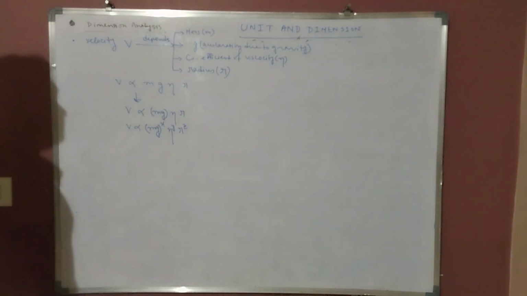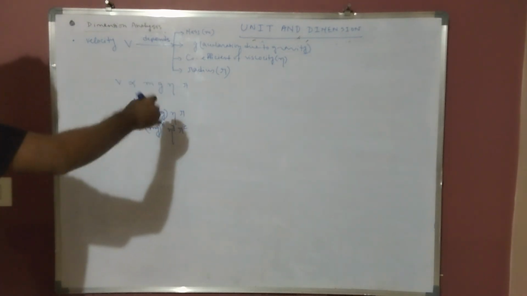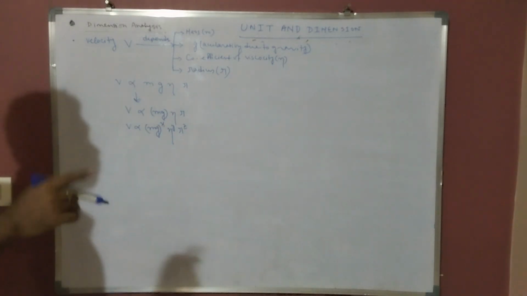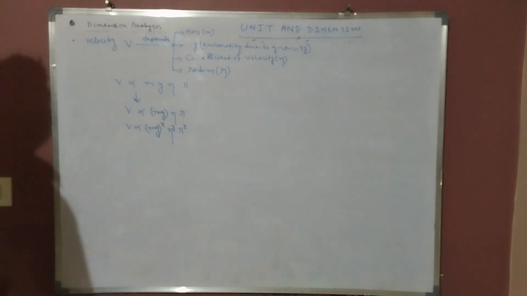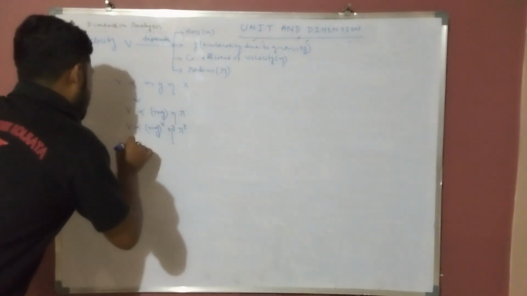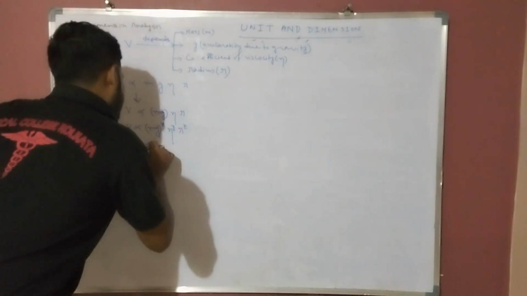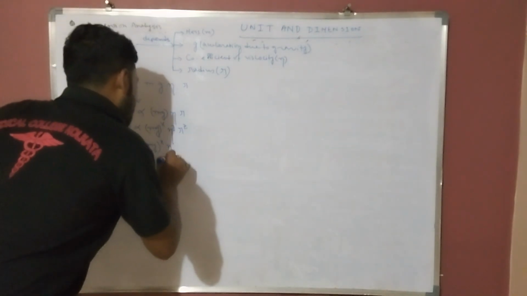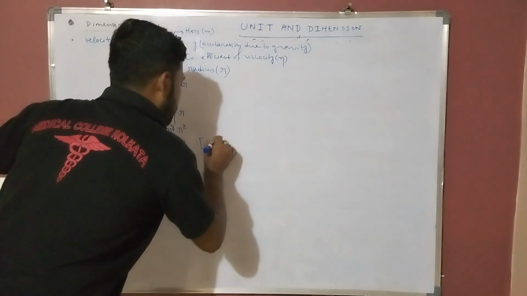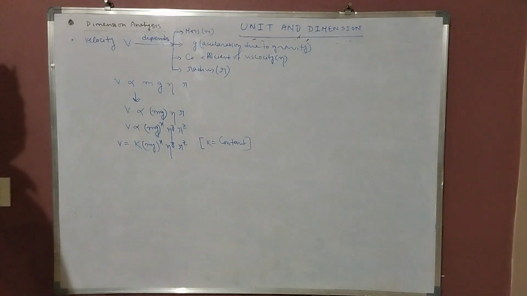You have to convert these 4 quantities into 3 quantities. Then this problem will be very easy for you to solve. So in the same way we can write v is equal to constant k times mg to the power x, eta to the power y, r to the power z, where k is a constant. Understood?